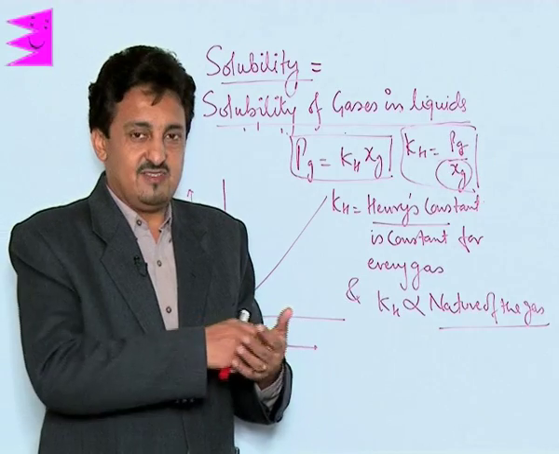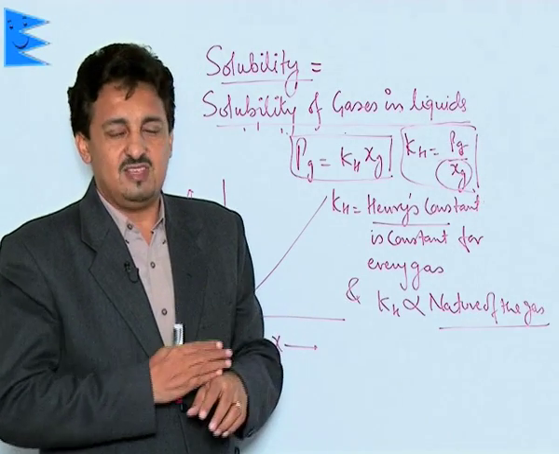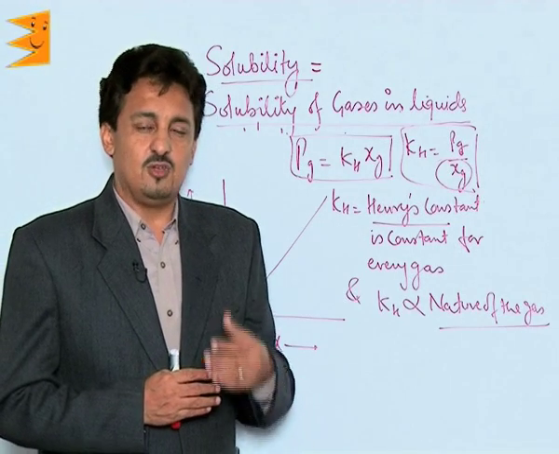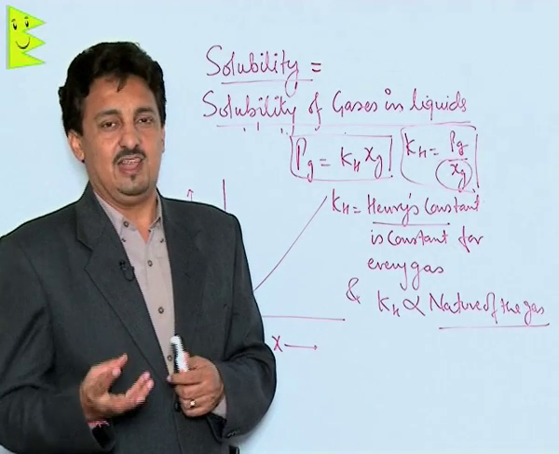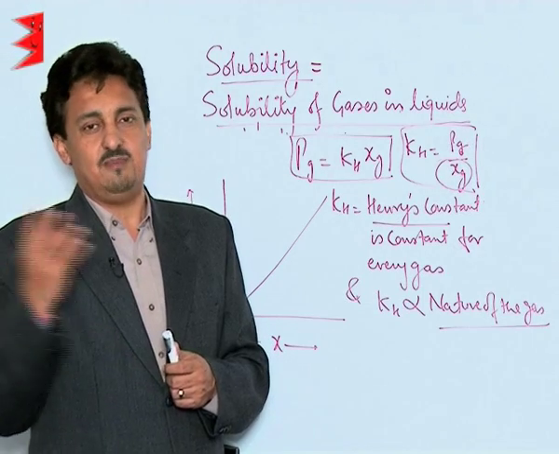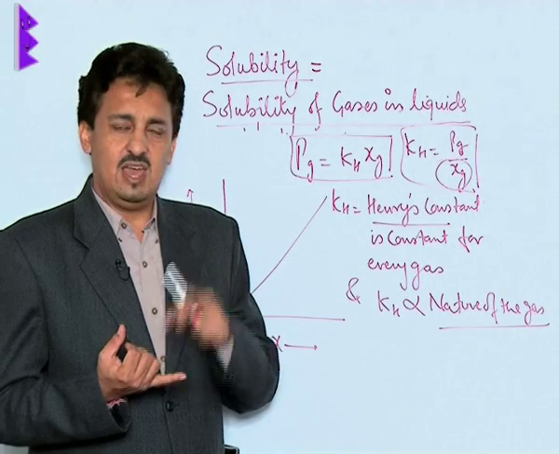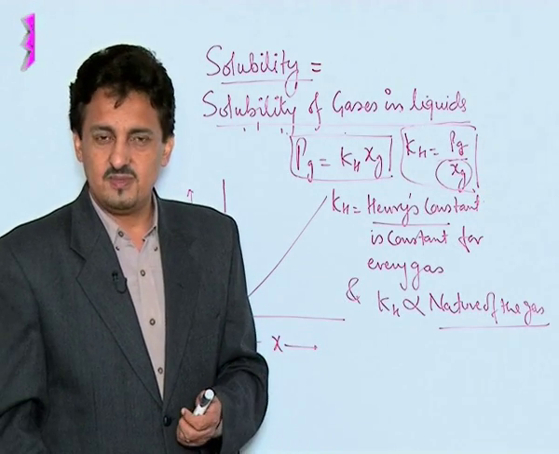The same nitrogen which got dissolved in the blood comes out in the form of bubbles, and these block the arteries, veins and capillaries and cause the bends. In order to avoid it, nowadays we use helium in place of nitrogen, which has almost negligible solubility in blood even under very high pressure. So scuba divers and aerated drinks are all examples of applications of Henry's law.